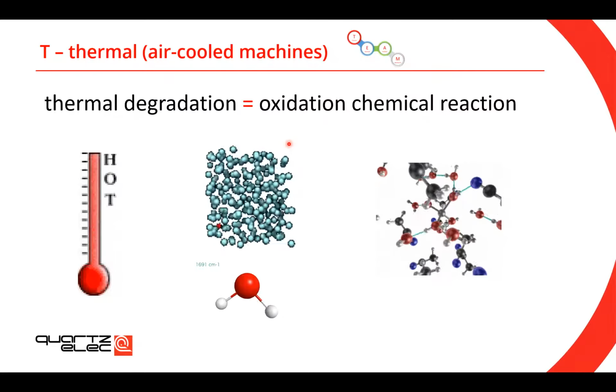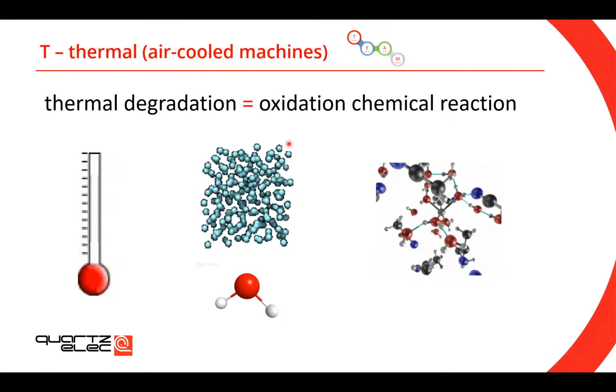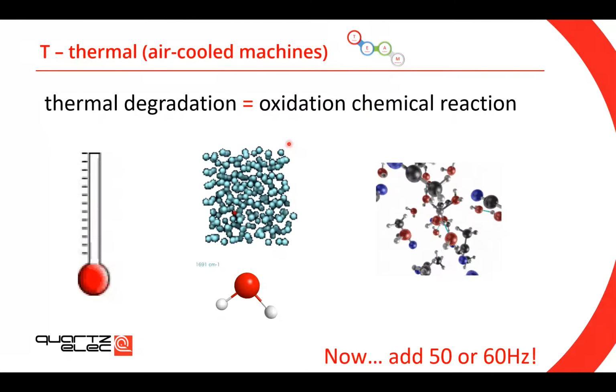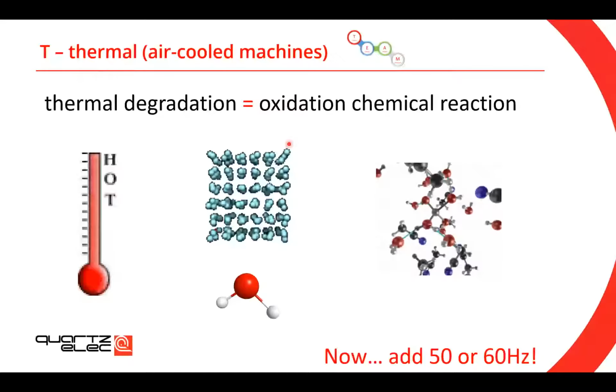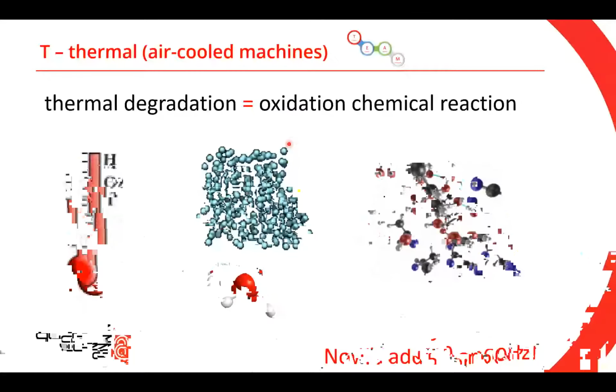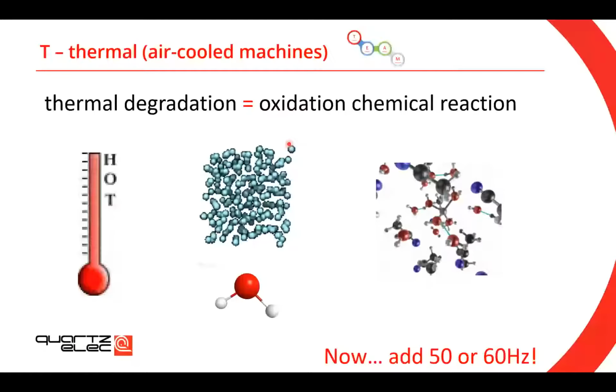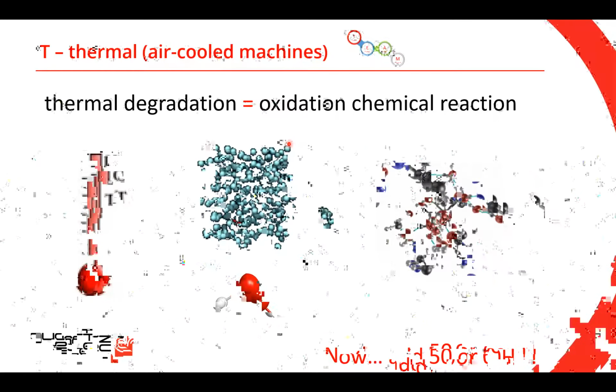I think that's clear, and it's also physics, so you can't get away from this. Now, add AC current flowing through your stator at 50 Hz. So it's not only vibration caused by temperature, but it's also vibration caused by the magnetic field that is around the stator. So the combination of those two will quickly deteriorate the insulation system.